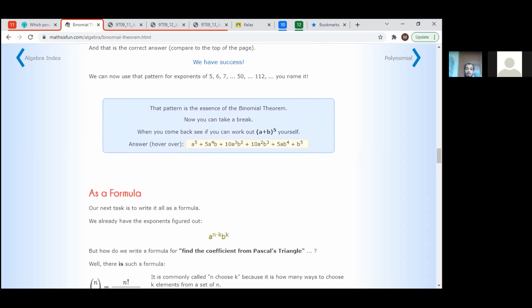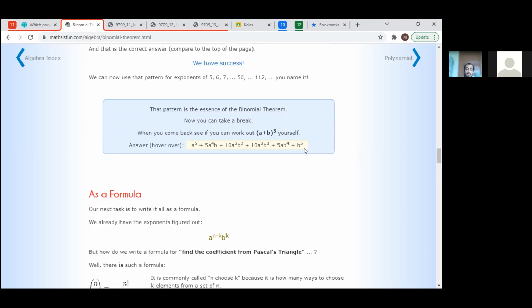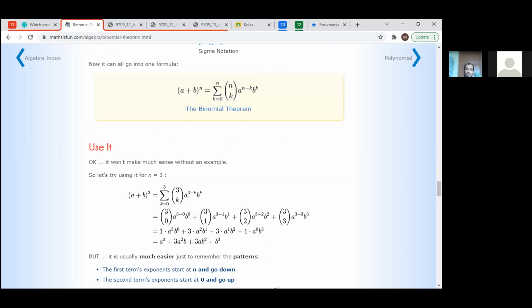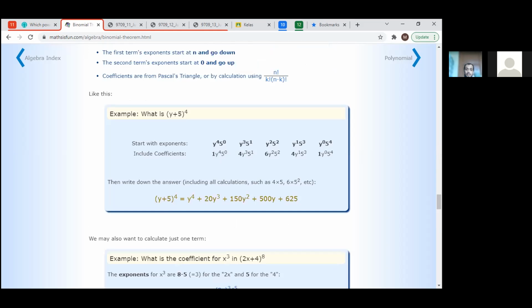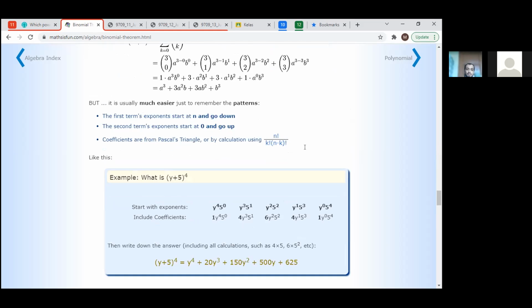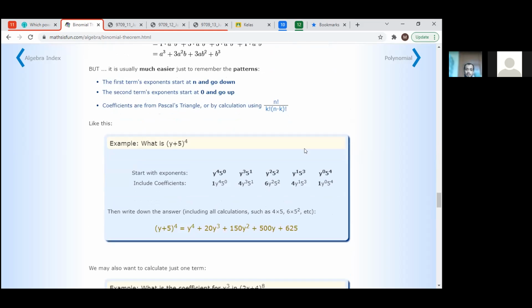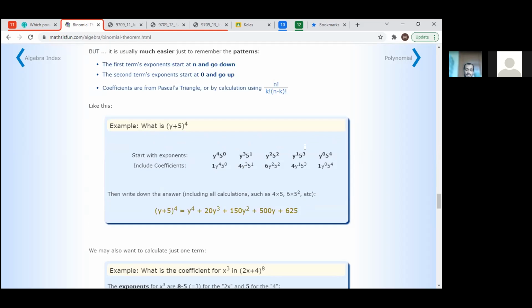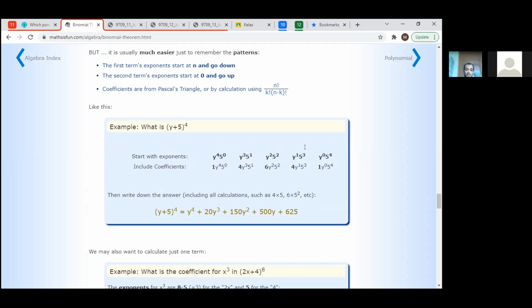Okay, so how can you use that? Let's skip this one for now, since it is basically the same as before. We can use this to find something like this: what is the coefficient of x to the power of 3 in (2x plus 4) to the power of 8?